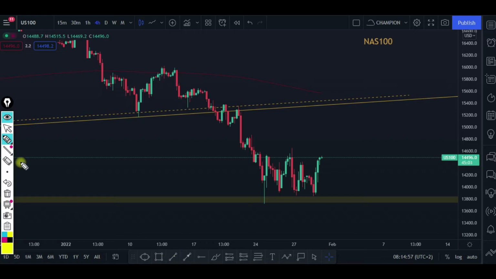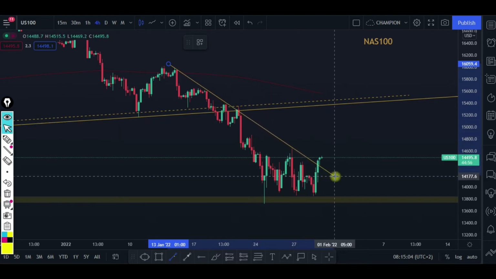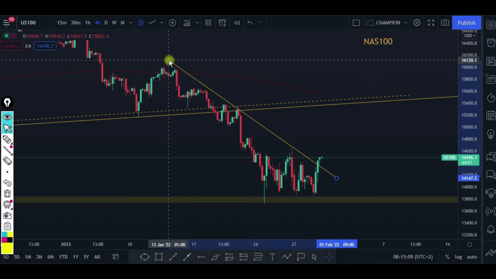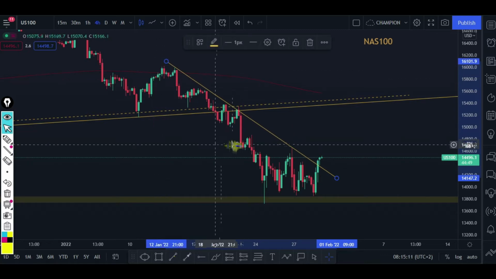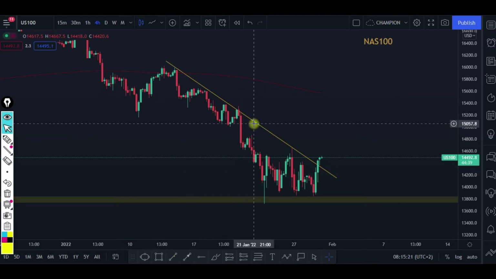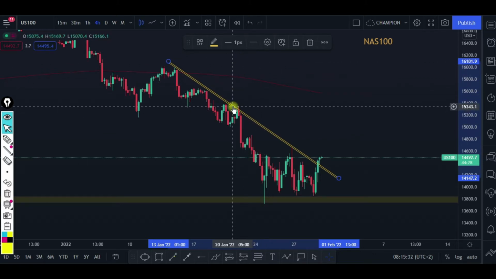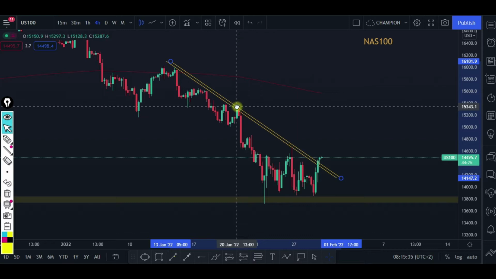Let's make this trend line, this resistance line here, so you can see that previously the market gave us this resistance line, and it seems like it's no longer respecting this diagonal resistance.